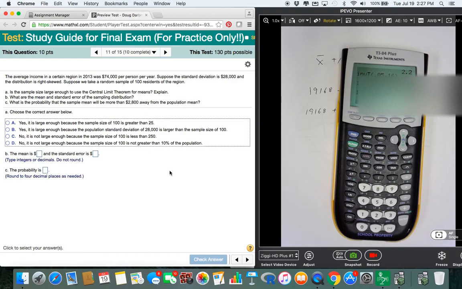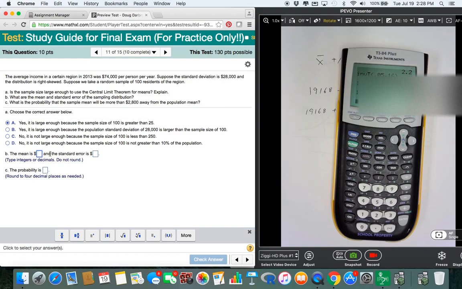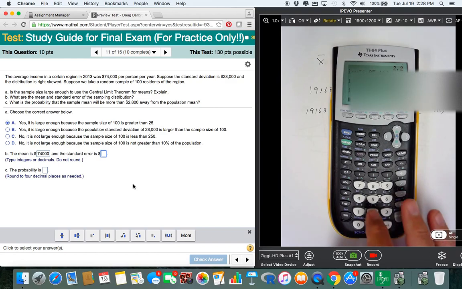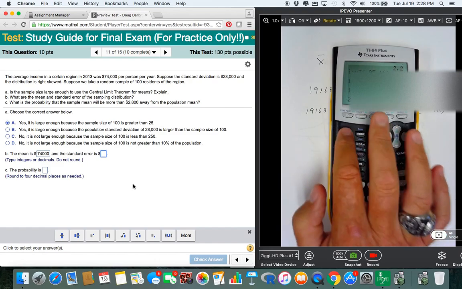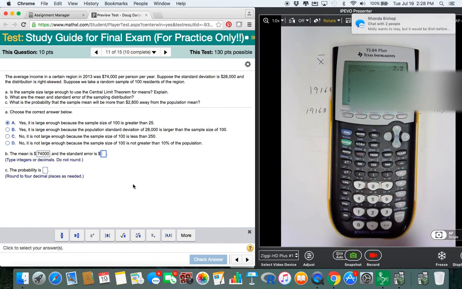So let's accommodate the book. So it is large enough because the sample size is bigger than the threshold of 25. The mean is 74,000. And the standard error, now guys remember, the standard error is the standard deviation divided by the square root of the sample size.